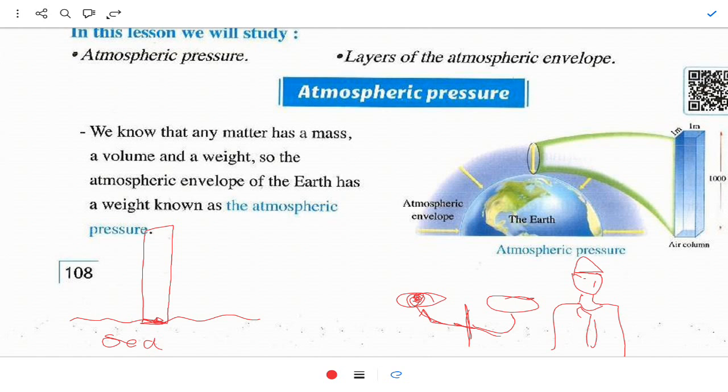And this air column is on an area unit, and now I want you to measure it.